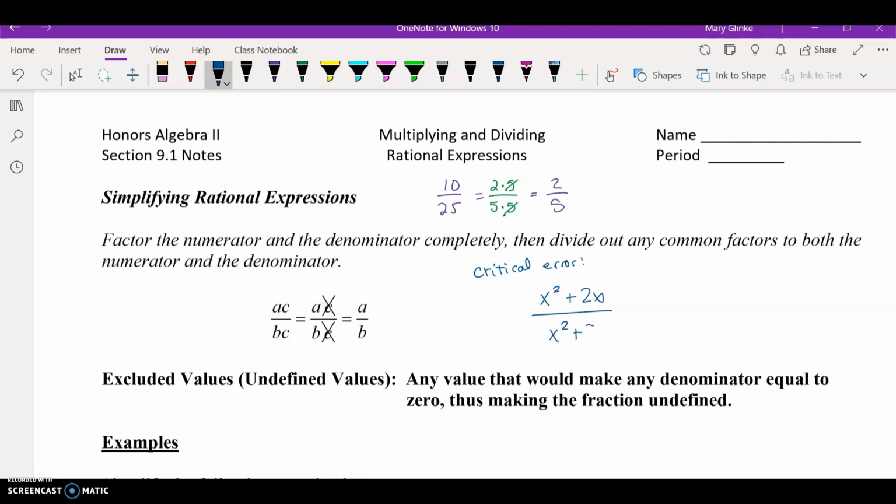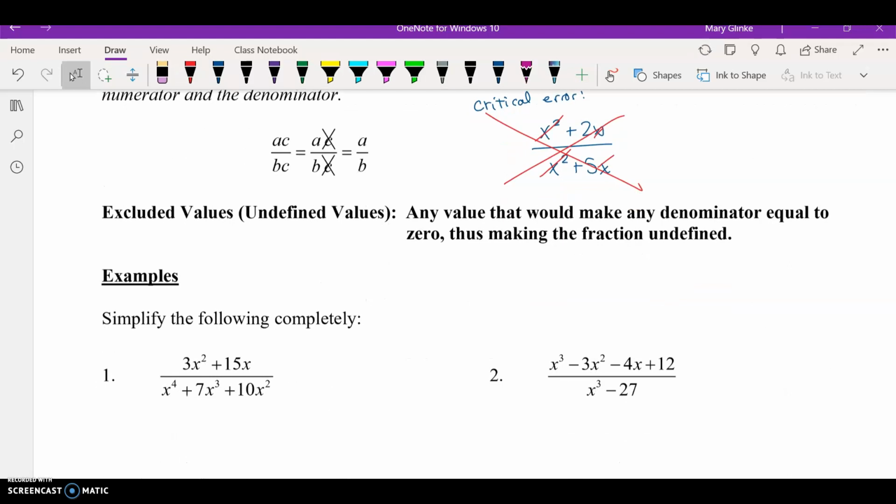Someone looks at this and says, hey, I'm going to cross off the x squareds and cross off the x, and it is just 2 over 5. This is not okay. In order to cancel things out, you have to cancel out factors, which means you have to factor things first.